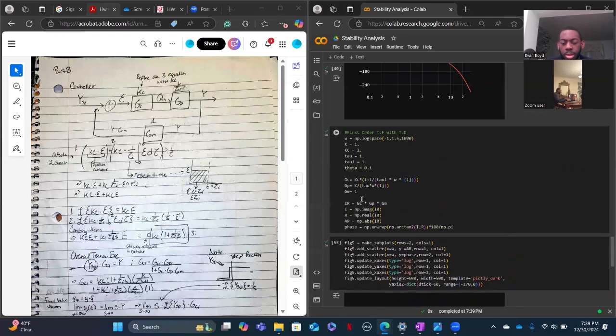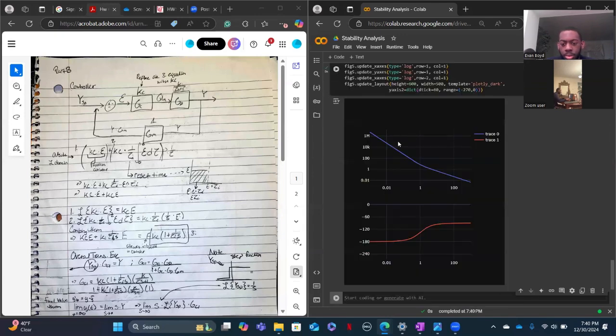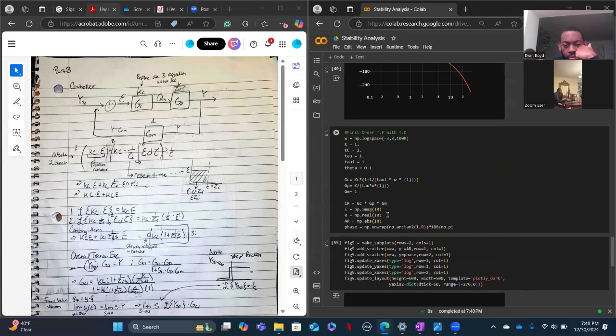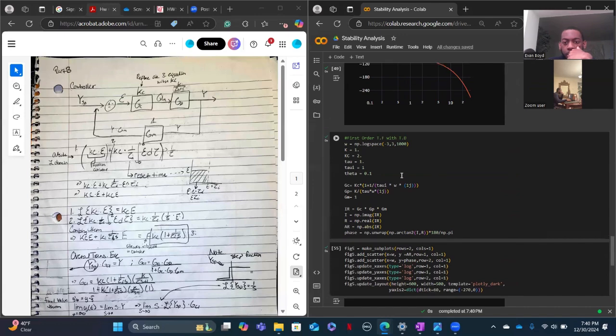And then let me increase this to 3. It's not getting the entire slope. That's not what I want it to look like. Do we need data? We do not need data, but that's fine.